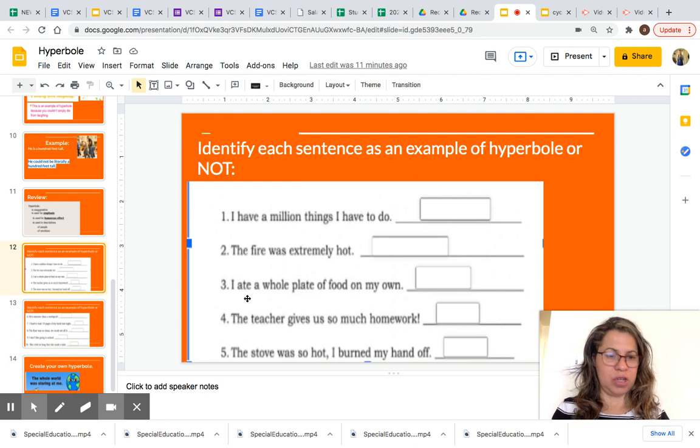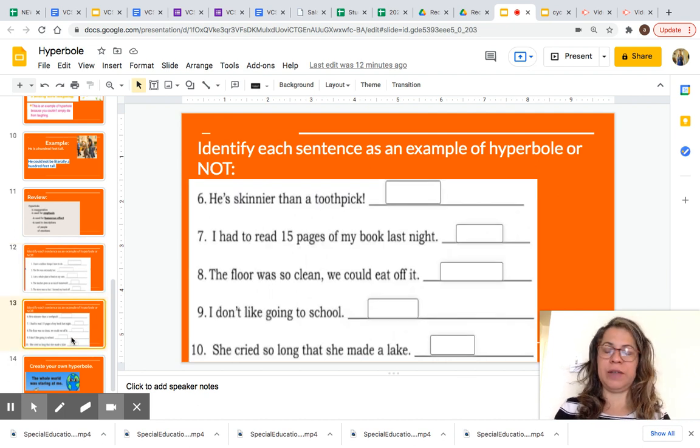Is this an exaggeration or can you actually eat your whole plate of food on your own? Number 4: the teacher gave us so much homework. Is this a hyperbole or not? Number 5: the stove was so hot, I burned my hand off. Is this a hyperbole or a statement that could be true?